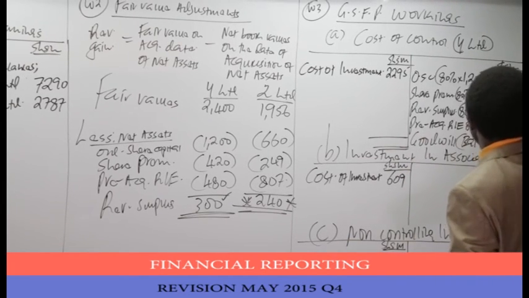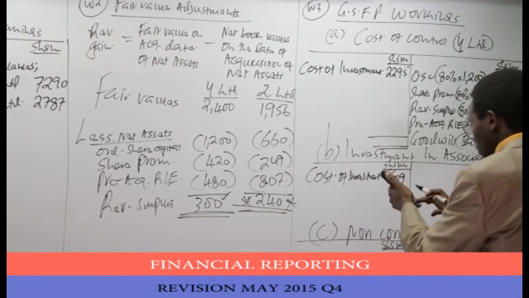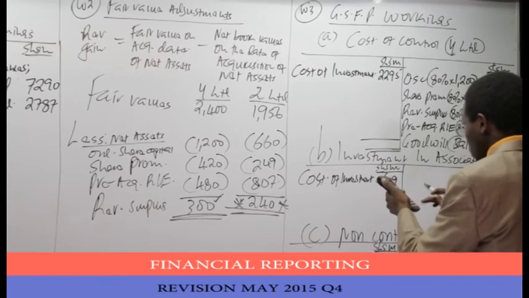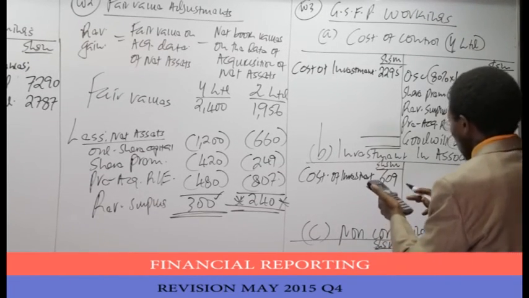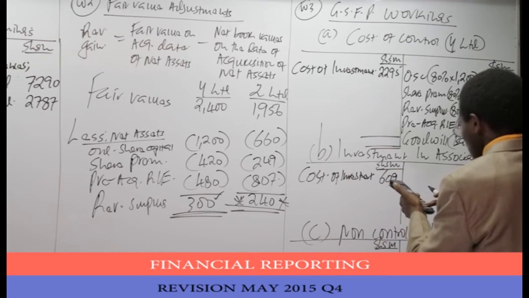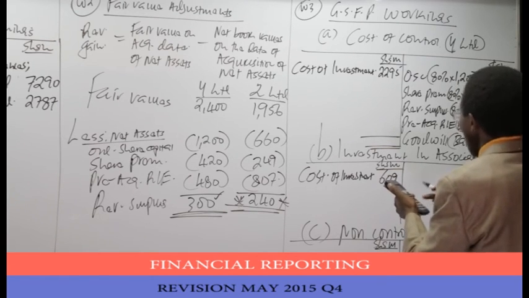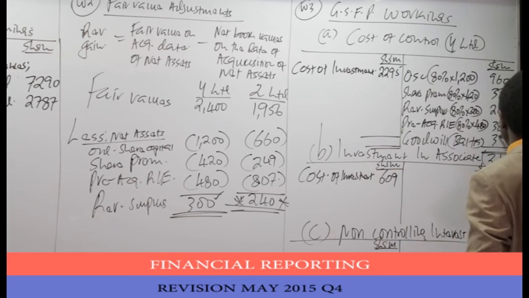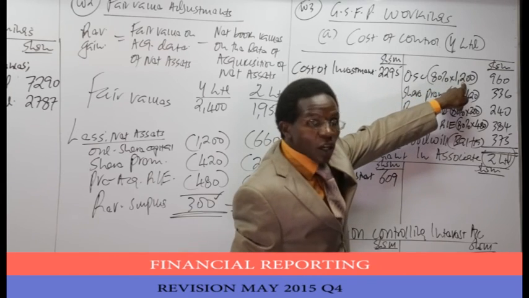The pre-acquisition was 480, so 80% is 384. There is 960 plus 336 plus 240 plus 384, which gives 2295. This is 375.